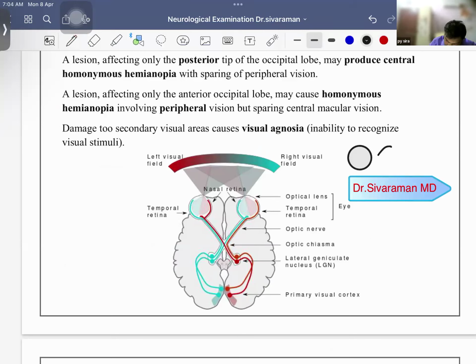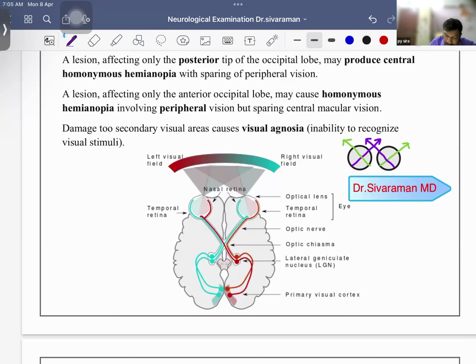Imagine this as the eye of a person. Here we have the nasal side coming like this, and the temporal side coming like this.